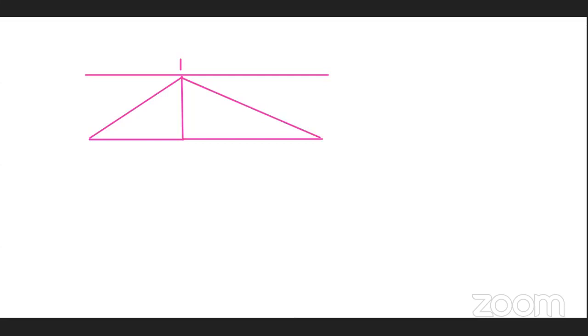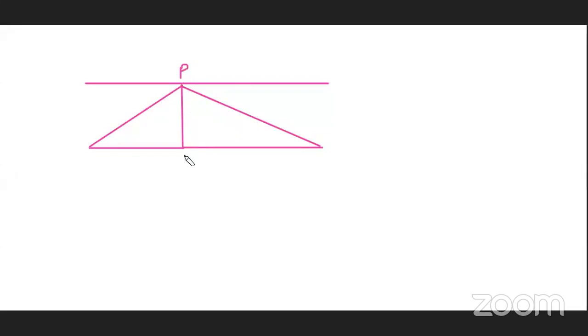This is PR, this is A, this is B, this is 60, 45. This is X, this is Y. This is 200 meters. Start drawing your figure, label it and draw it.